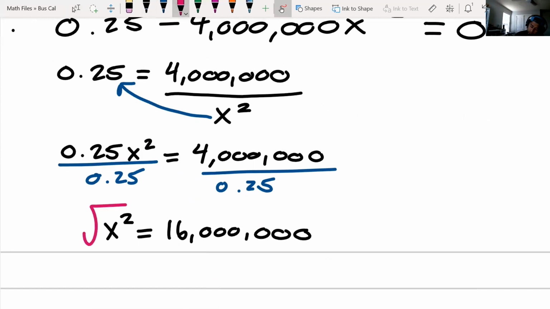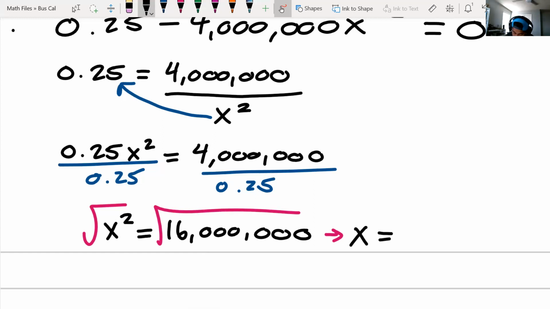And then we'll square root both sides. And we'll get x equals the square root of 16 million. What's that? 4,000. 4,000? Good.